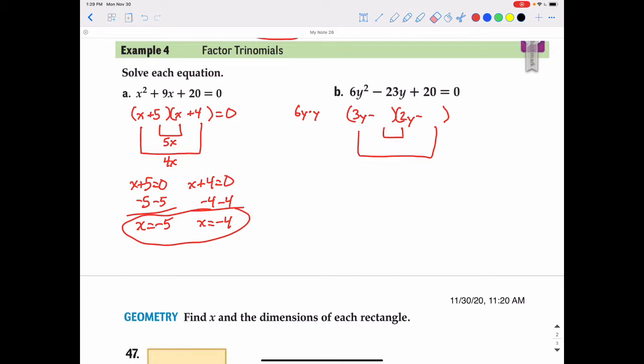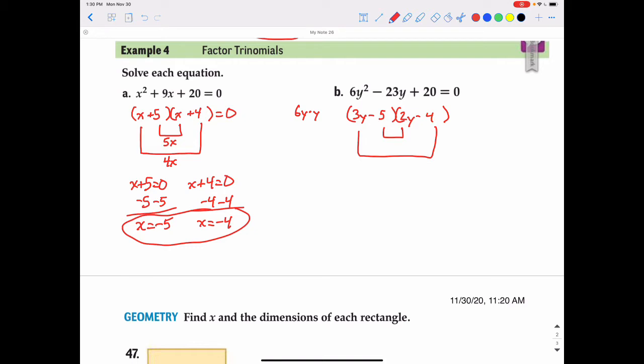What about 10 and 2? Would that be any good? So 10 and 2, that would be 4y, and negative 30y. Well, that's no good either, so let's eliminate those. And what else can we try? How about 5 and 4? Would that be good? Let's do minus 5 and minus 4.